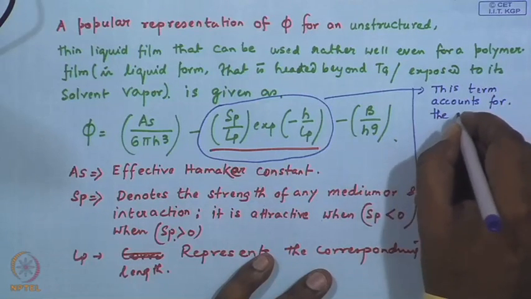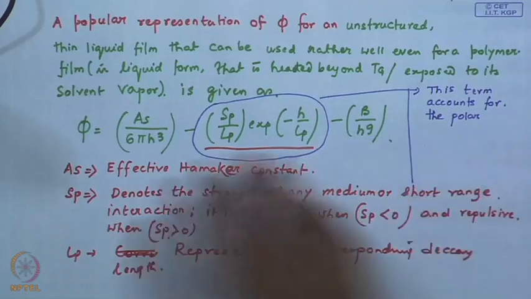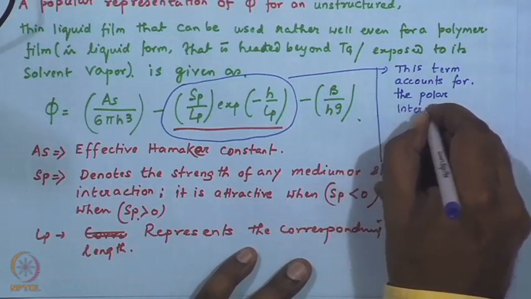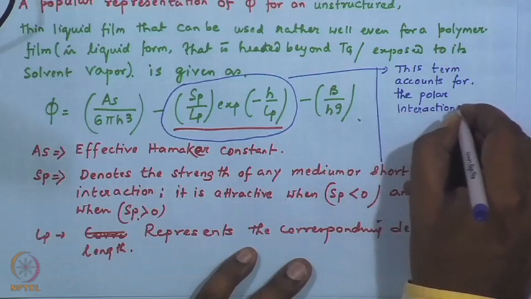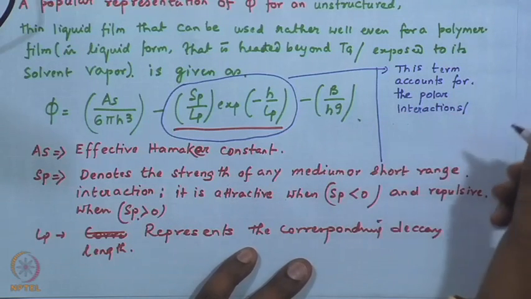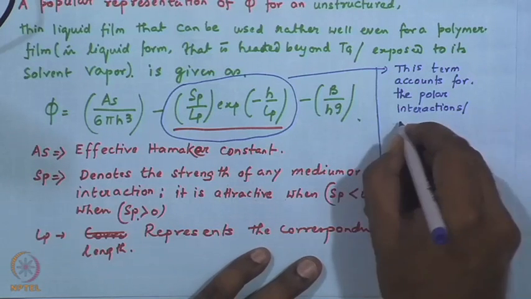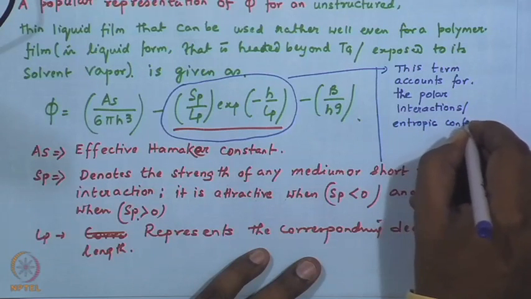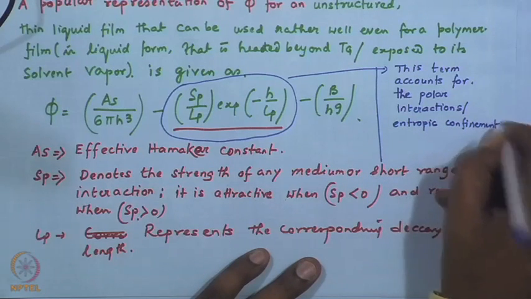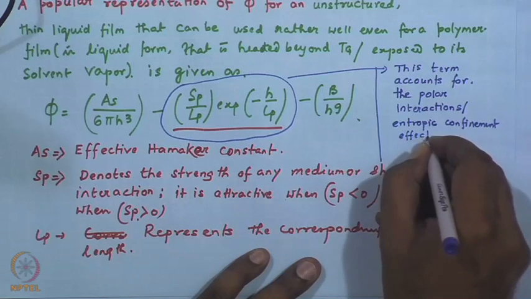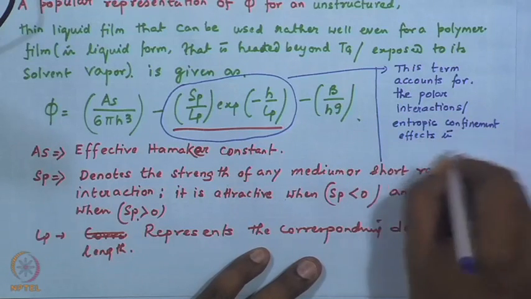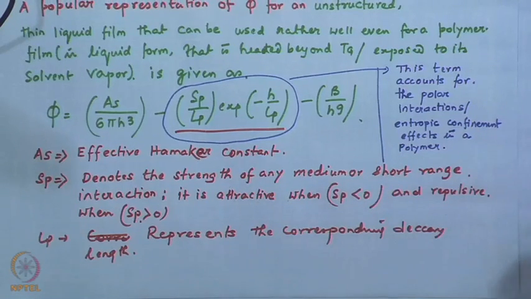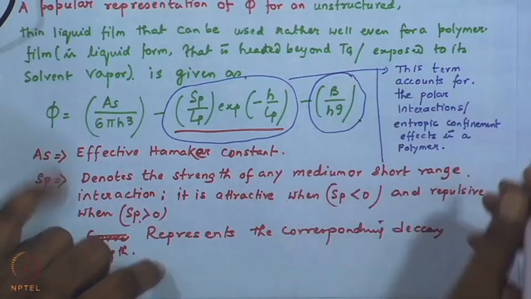So, it is this term for the polar interaction as well as any entropic confinement effects in a polymer. So, this third term is rather interesting.